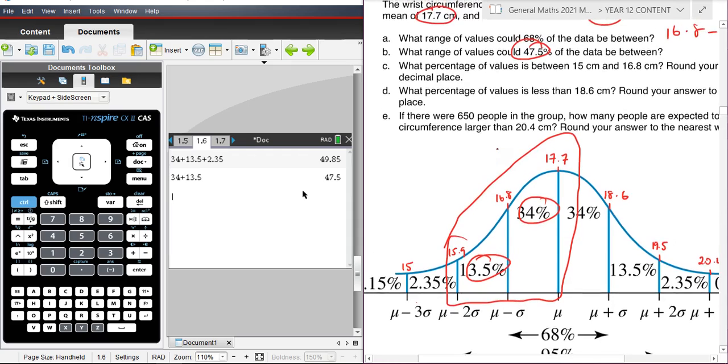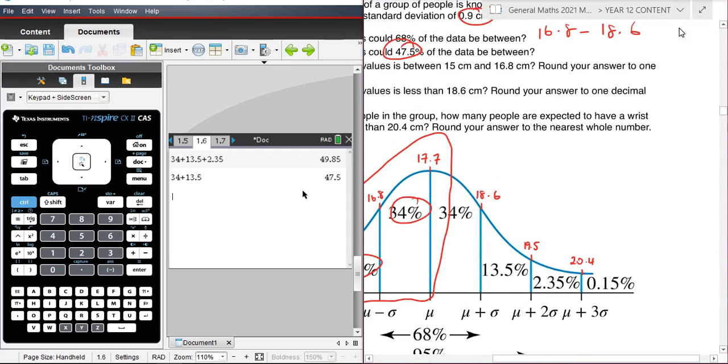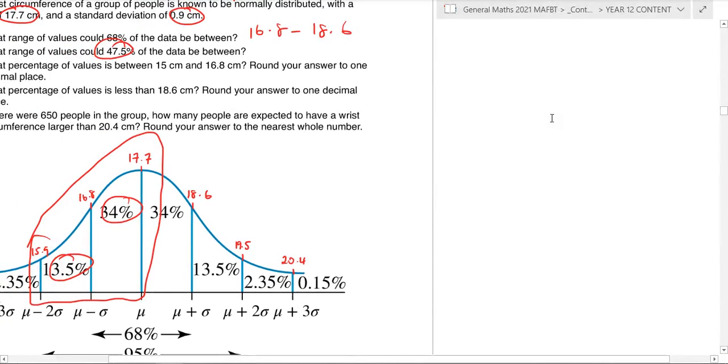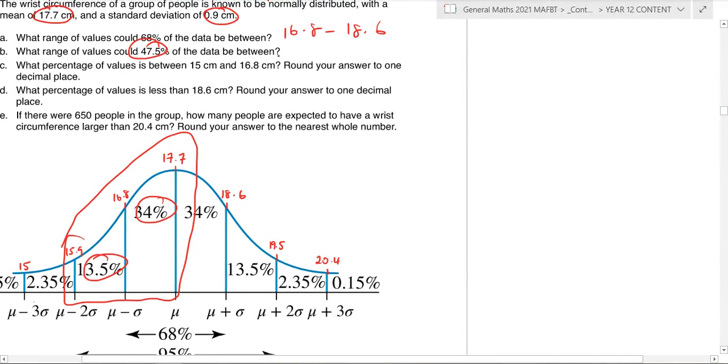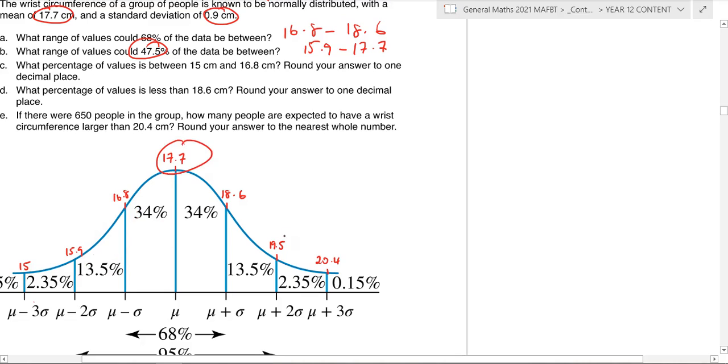So you would write here, it could lie between 15.9 right there and 17.7. But also, and the tricky thing with this is that it could also lie between 17.7 and 19.5, because the question says where could.